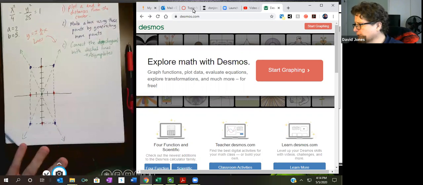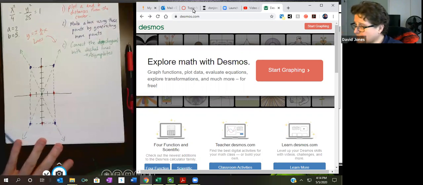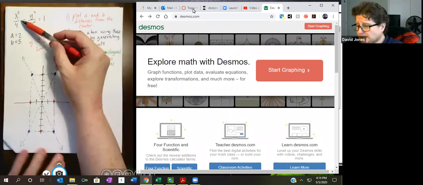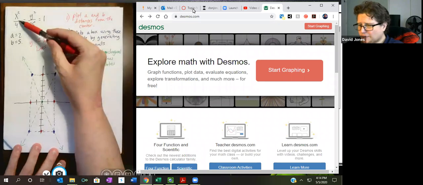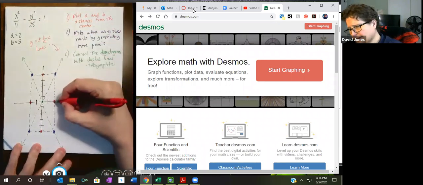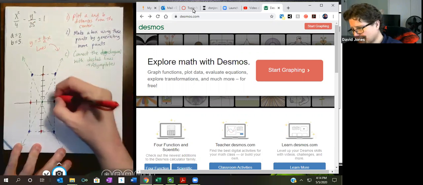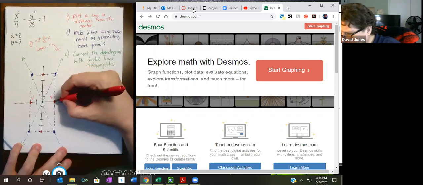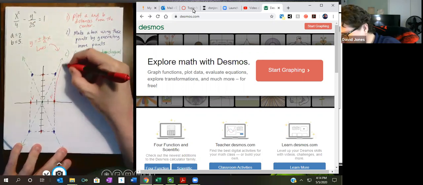Next thing we do is whichever letter is positive. Here, my x term is positive. This is telling me the graph opens left and right. I grab my vertex. This is a vertex. That's a vertex. And I literally Tron cycle towards the walls.